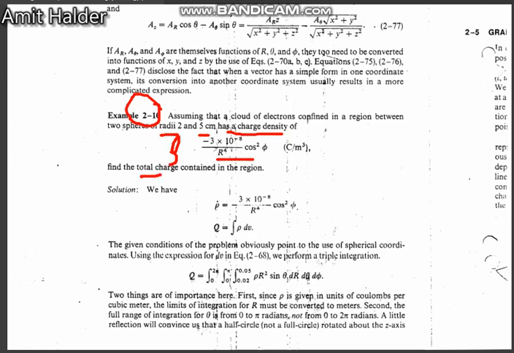Find the total charge contained by the region. First of all, we have to take the charge density, that is coulomb per meter cube, and integrate over the total volume. Then we can get the total charge. That means Q is equal to the integral of rho dV.